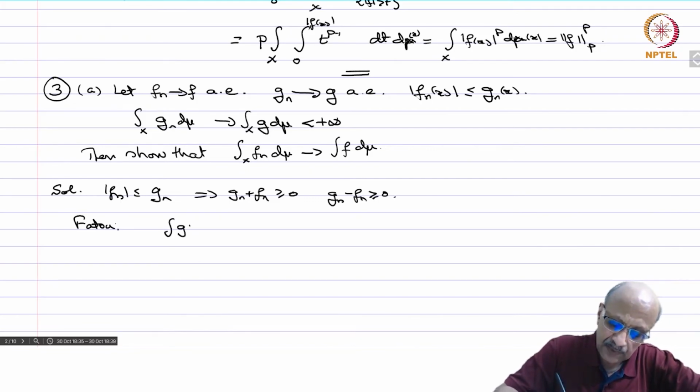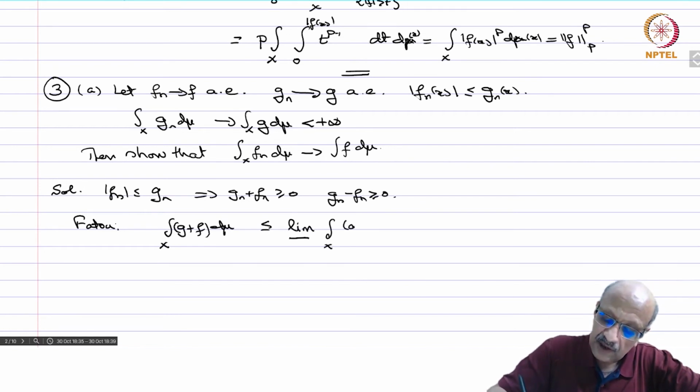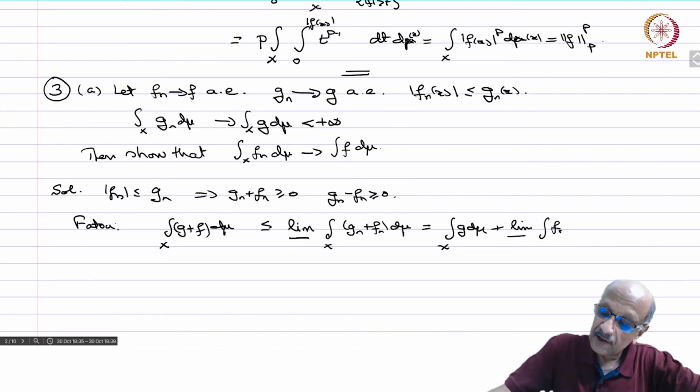So the integral of g plus f d mu over x is less than or equal to lim inf of the integral over x of gn plus fn d mu, but gn actually converges, so this is equal to the integral of g d mu over x plus lim inf of the integral of fn d mu over x.